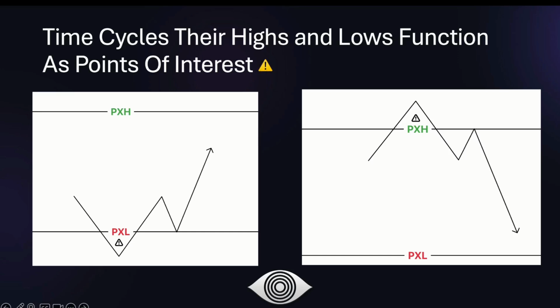The reason is that the moment price trades below PXL, the previous cycle's low, a warning sign should go off in your mind, saying, okay, price is now at a crucial price level or within a crucial price range. We should now look for very specific things to occur to confirm either a reversal taking place, which is of course a point of interest that has been reached, or continuation occurring.